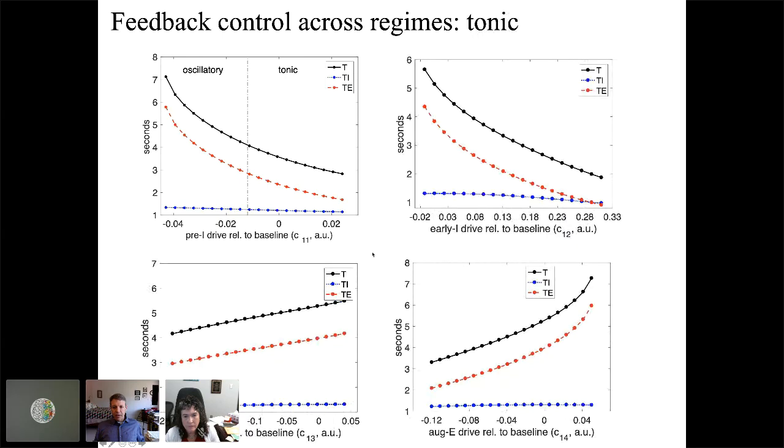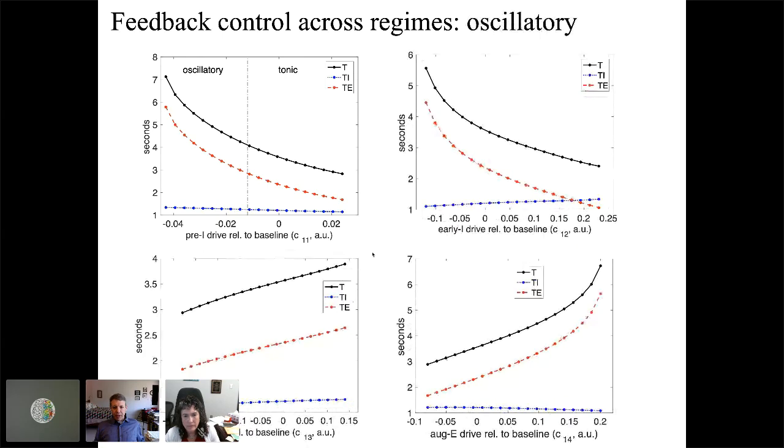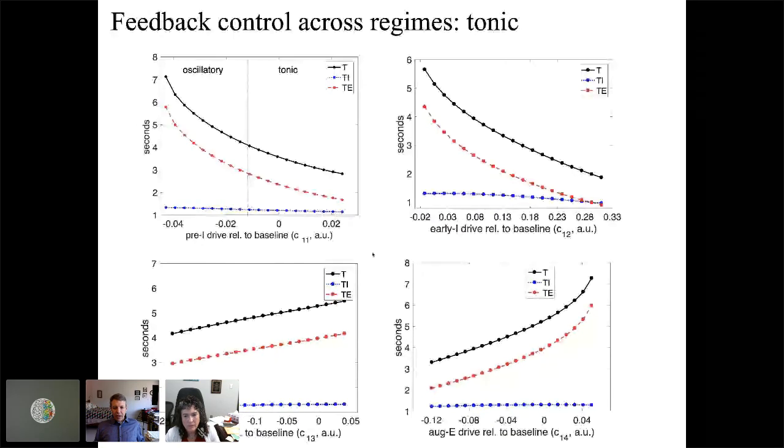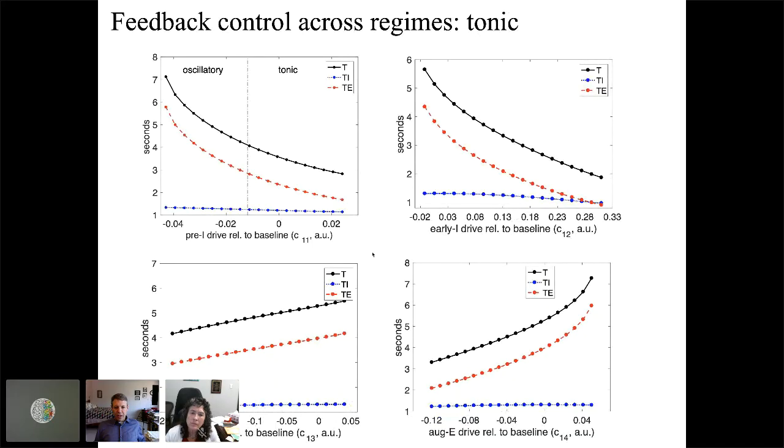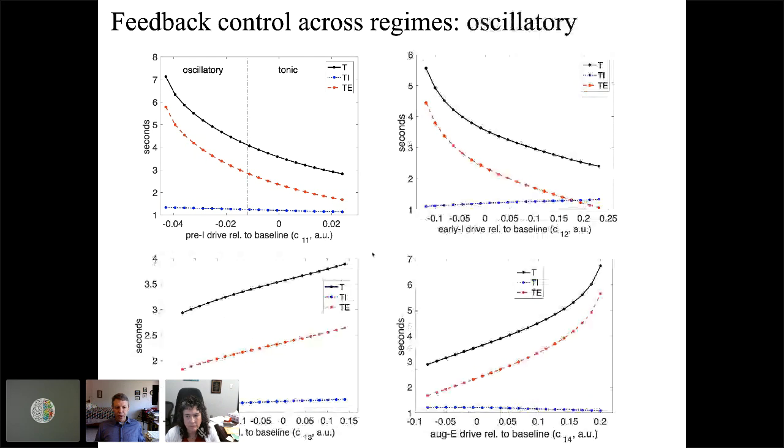And here it's tuned to be tonic. Okay, so I'm going to toggle back and forth. Other than the fact that I use thick lines or thin lines, there's basically no effect on the tuning, depending on how you tune the drive to the prebot neurons, so whether they're oscillatory or tonic.